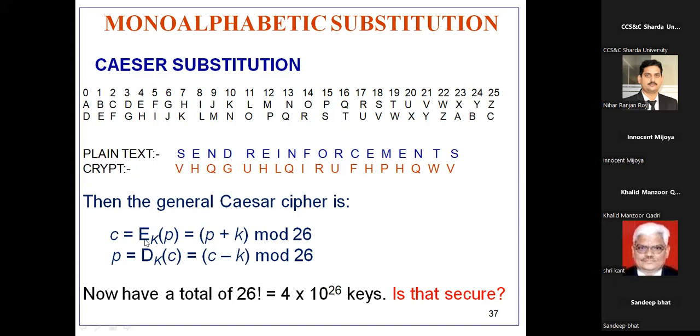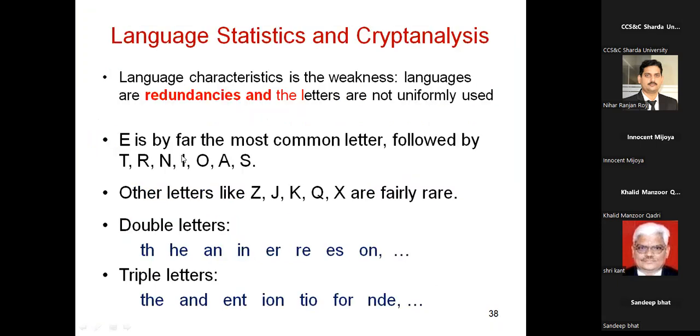So V is equal to E_K(P), that is P plus K. P plus K means S plus K. What is K? It is 4. What is S? S is 18. 18 plus 4 is 22, mod 26.